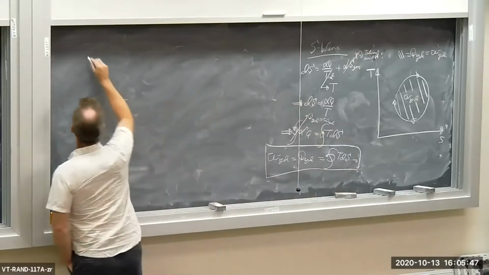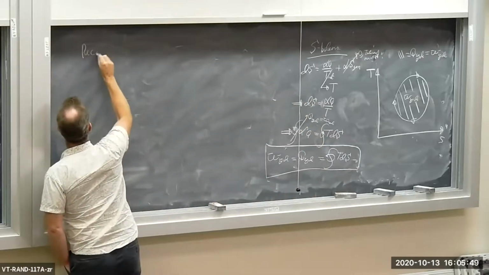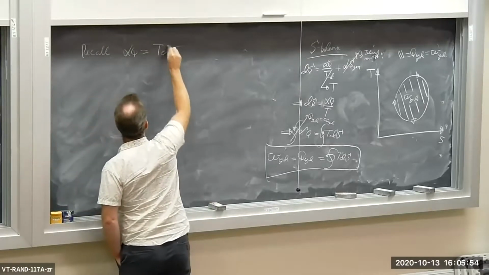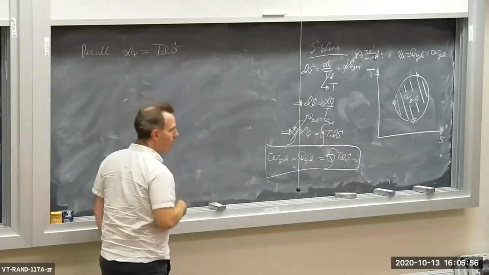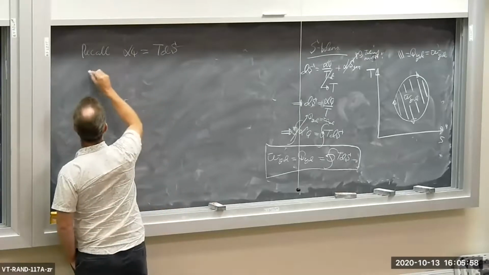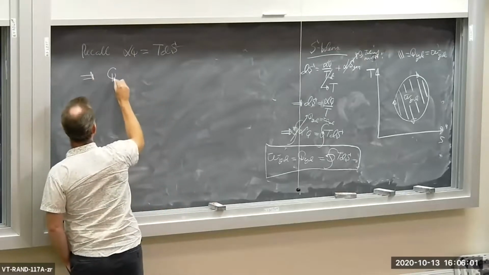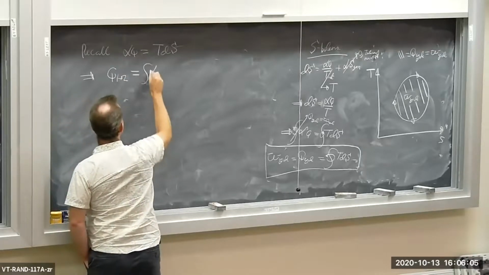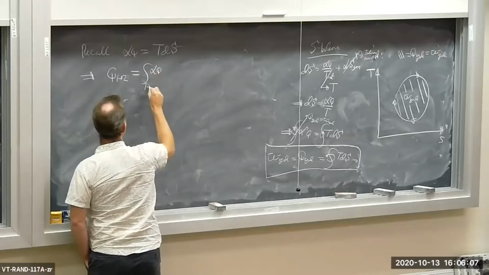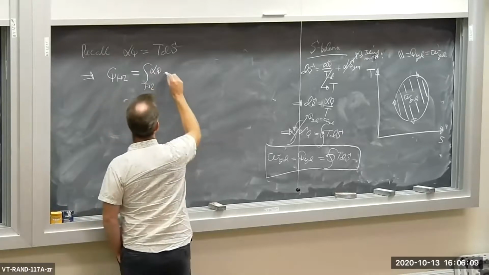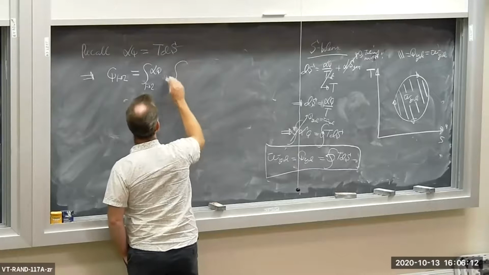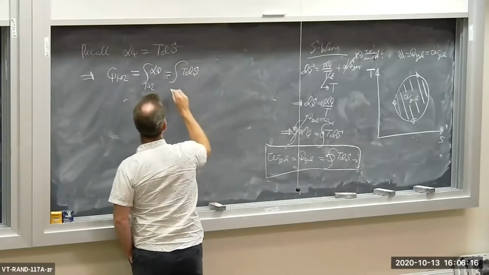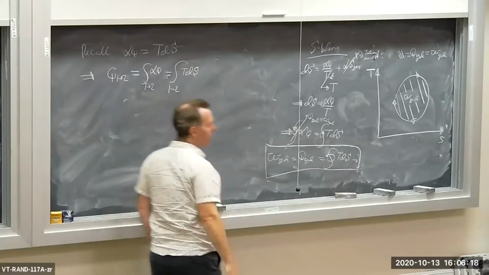So recall, δQ is equal to T dS. That means the heat transfer over some process, 1 to 2, is equal to the integral of the heat transfer over the process 1 to 2, which is equal to the integral of T dS over the process.